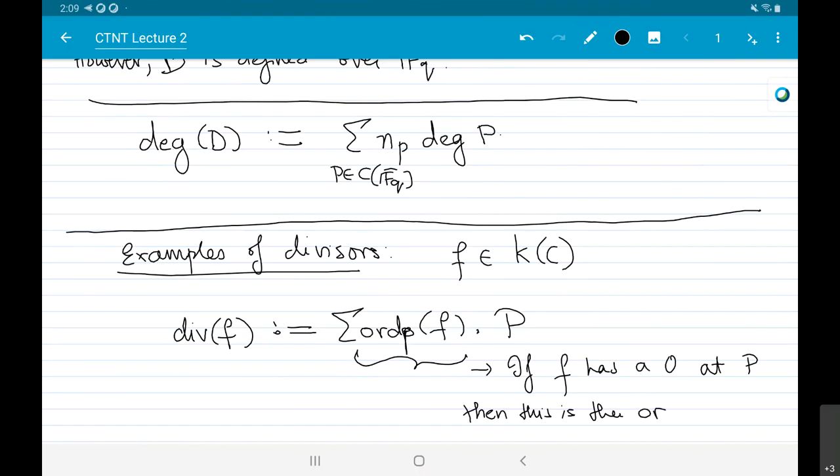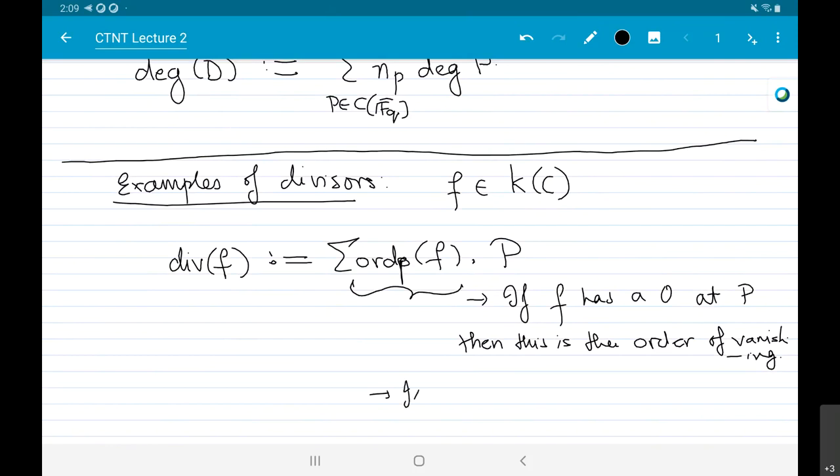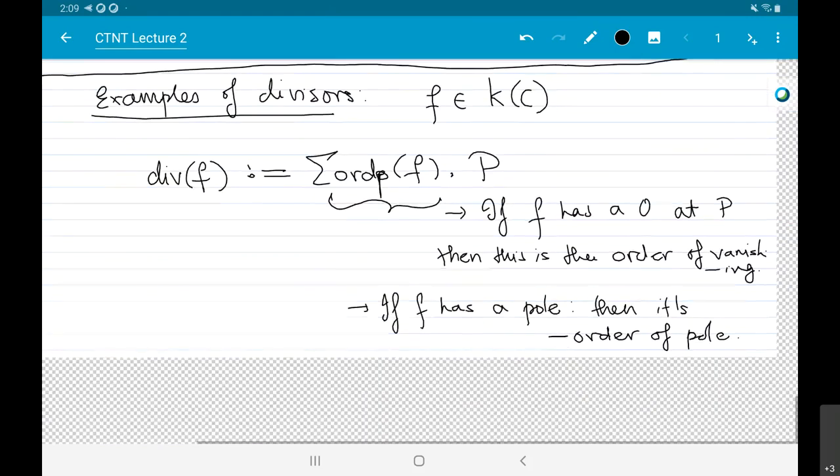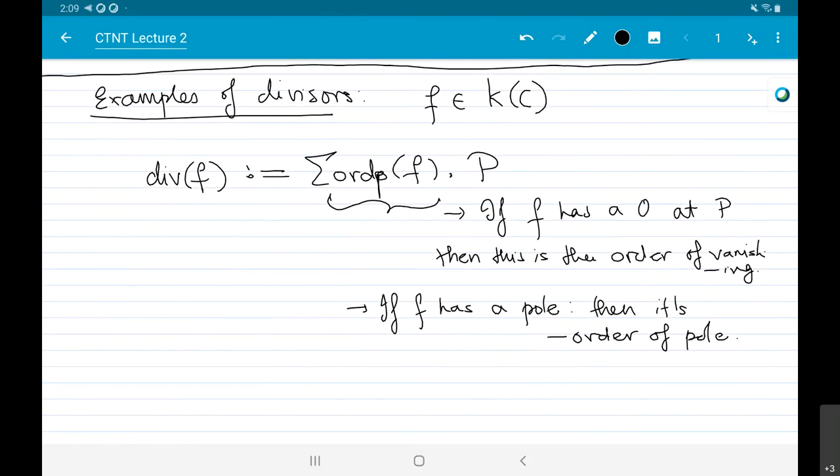And if f has a pole, then it's the negative of the order of the pole. So div f has some positive things and some negative things, and the positive things come from the zeros of f, and the negative things come from the poles of f, right?